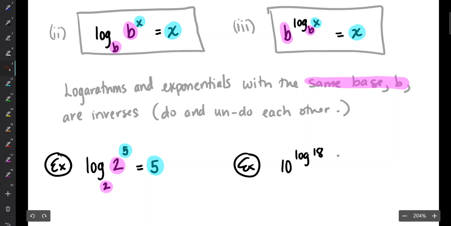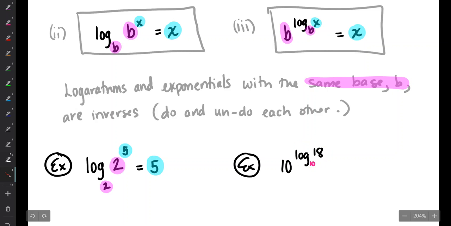All right, here's another one. 10 to the log of 18. Remember, if they don't write the 10 down here, that's secretly there. That's the base. And 18 is not a perfect power of 10, so I can't simplify that.